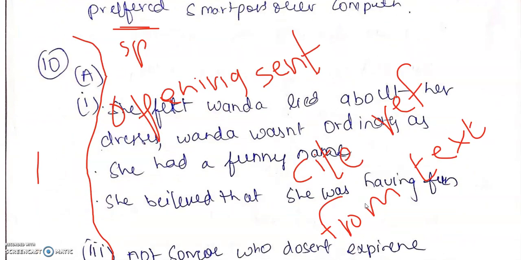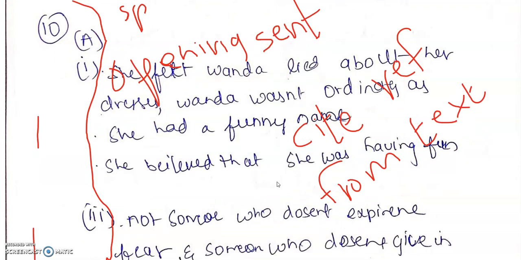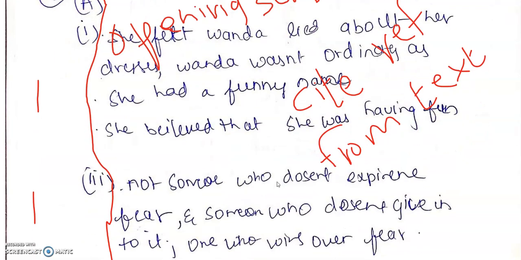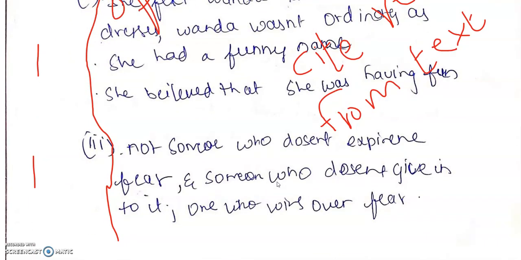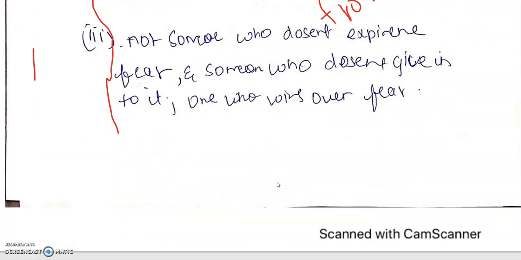Literature. Coming to literature, the opening sentence, that is the writer's name and the title, is essential. There is no argument regarding that. And then responding to the textual question, reference from the text is a must, that is citation.